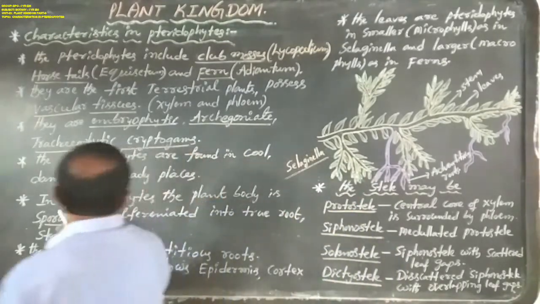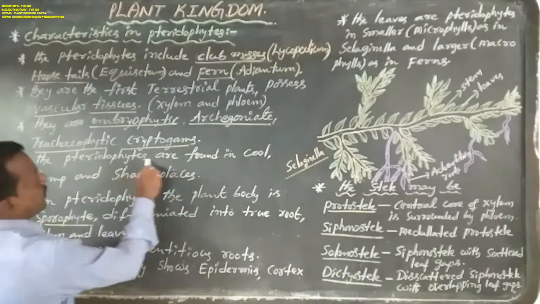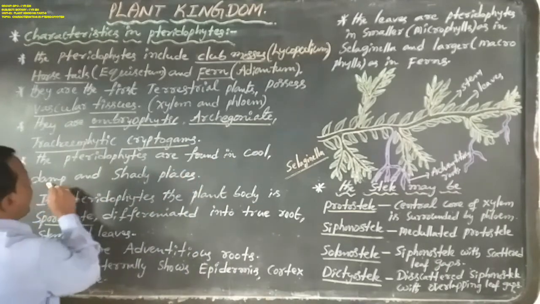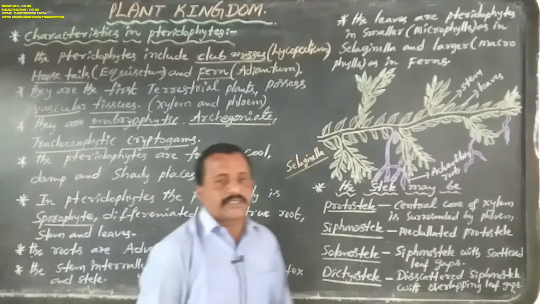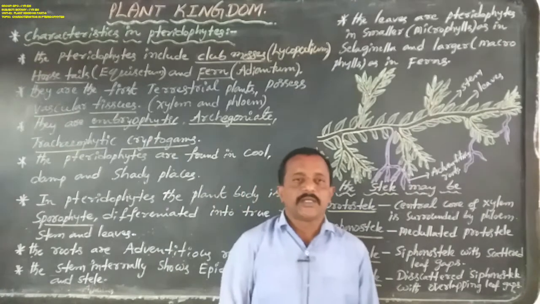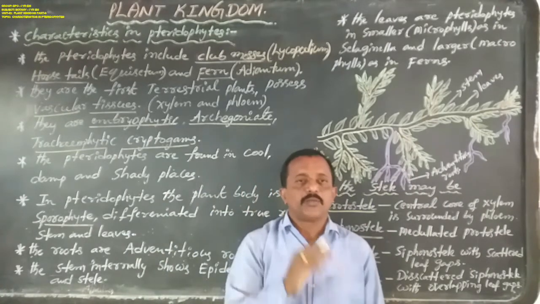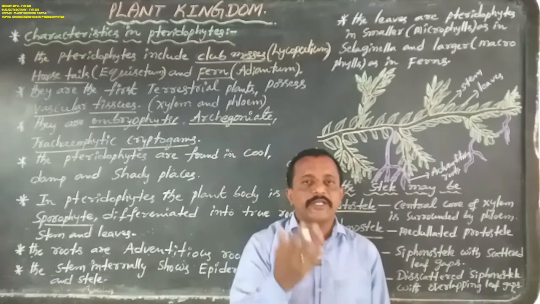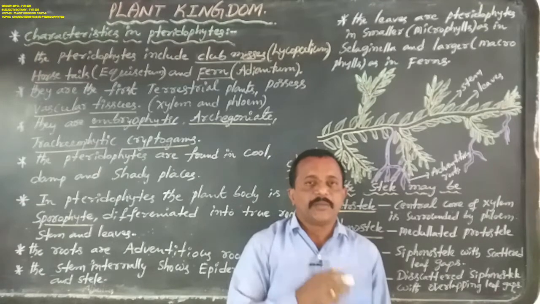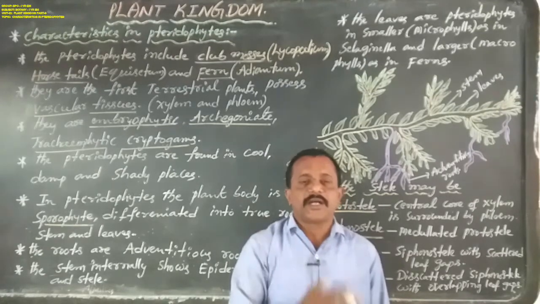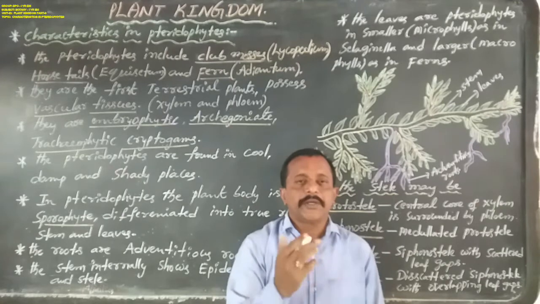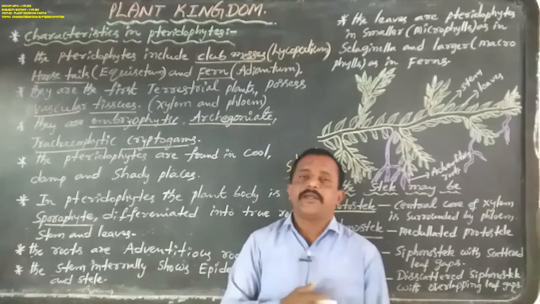Next, pteridophytes are found in cool, damp and shady places. Bryophytes mostly grow in moist and shady habitats, but pteridophytes generally grow in cool, damp and shady places.